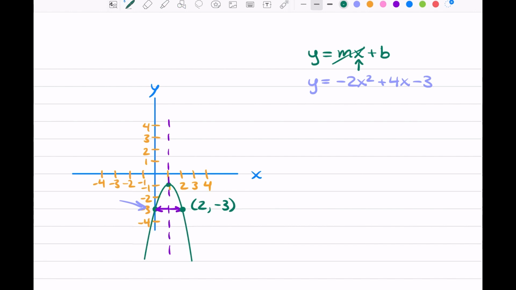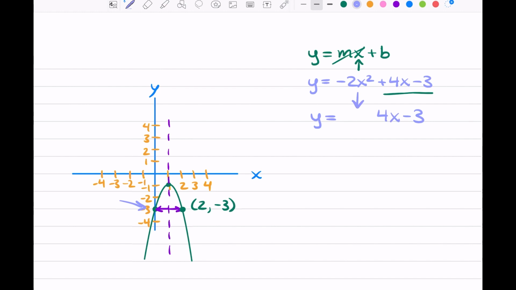There's one more thing to note about these parabolas. Looking back at our quadratic equation, doesn't this piece at the end remind you of a line? It looks like mx plus b. It looks like someone started with a line, y equals 4x minus 3, and then they just moved it to the side and brought down this piece.